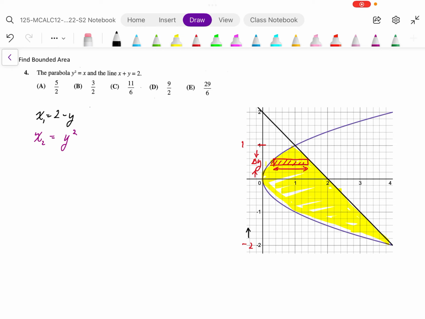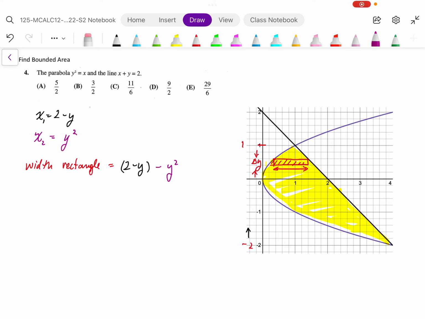If I want to find the width of the rectangle, that's going to be the x position of the black line, 2 minus y, minus the x position of the purple line, which is y squared. That difference will give me the horizontal length.